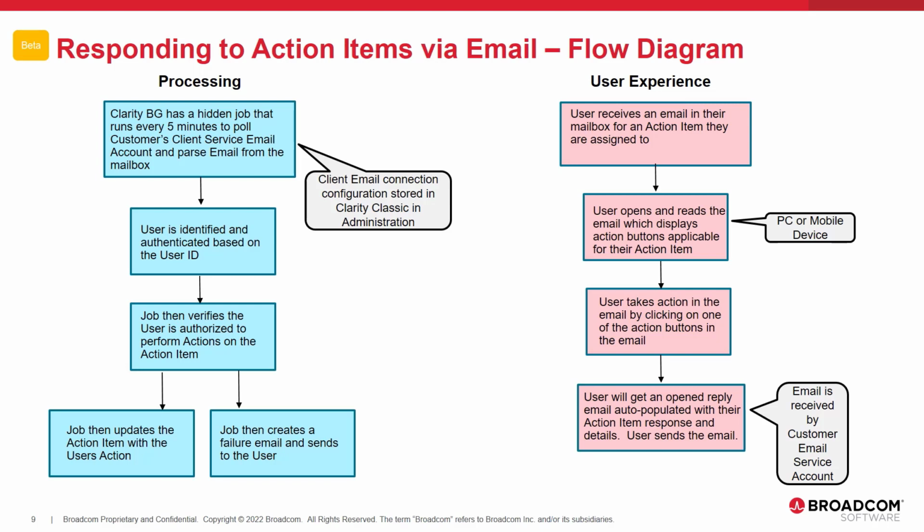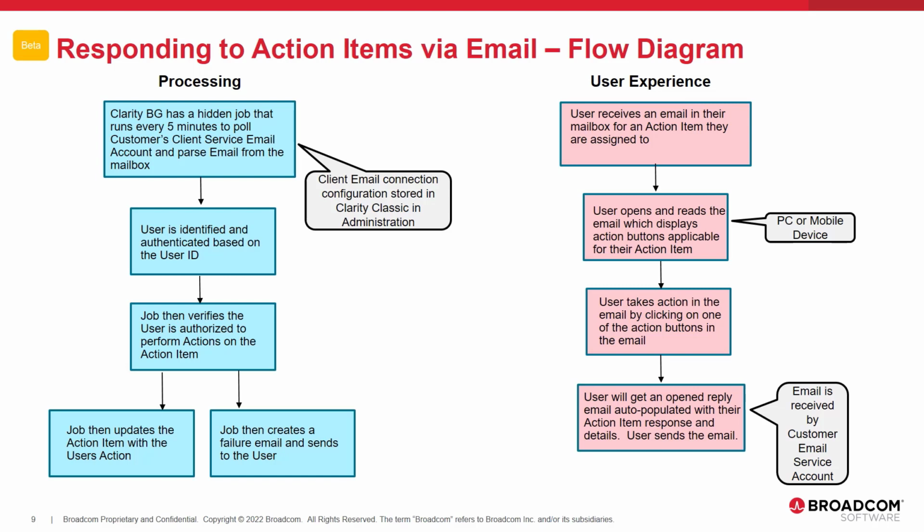Next, let's look at the flow from the user's perspective. When they have an action item, the user will receive an email in their mailbox for anything that they're assigned to and they need to take action on. And they can either open this email on a computer or on any mobile device. When they open it, what they'll see is some detail about the action item, but there'll also be action buttons that they can click on to actually respond and take action on their action item.